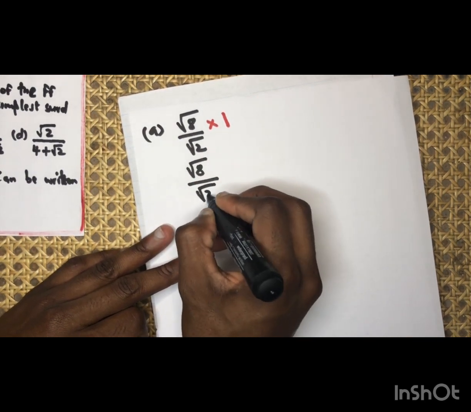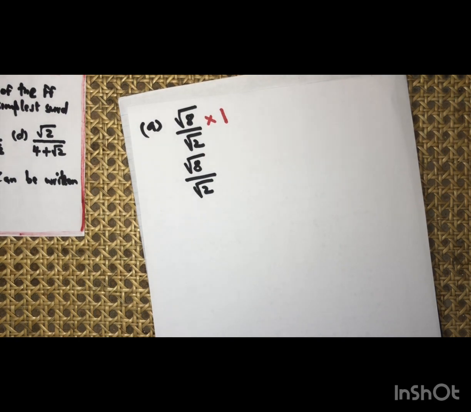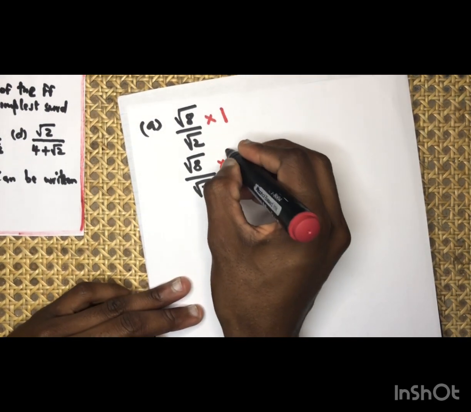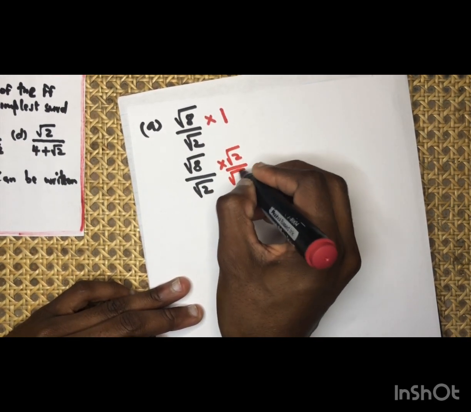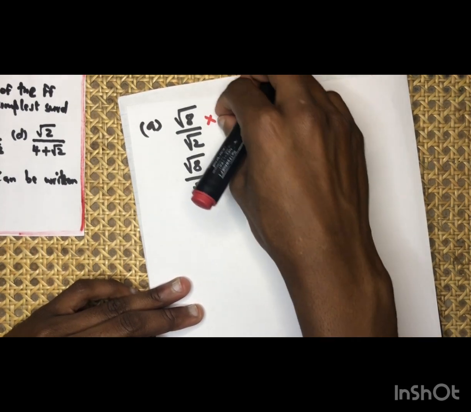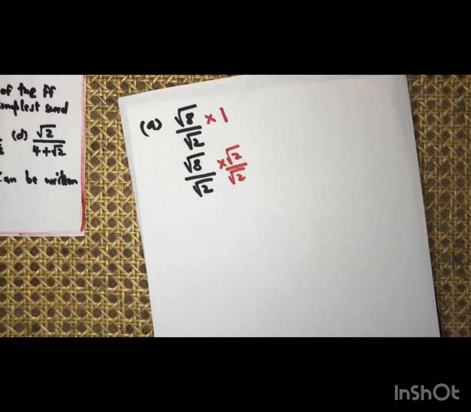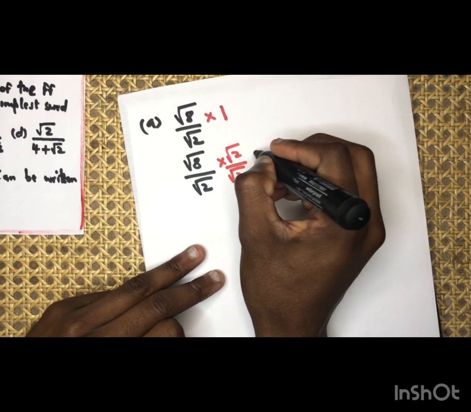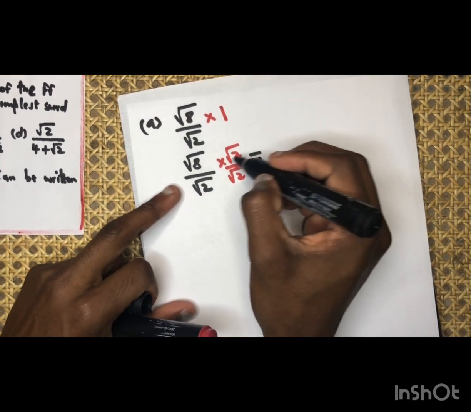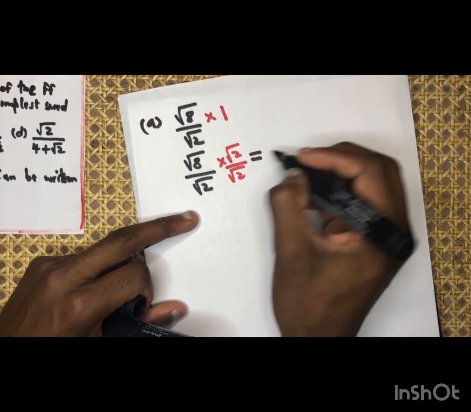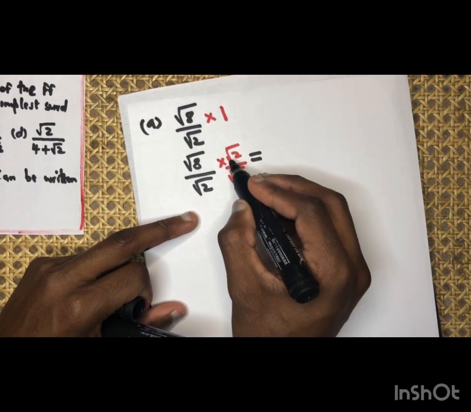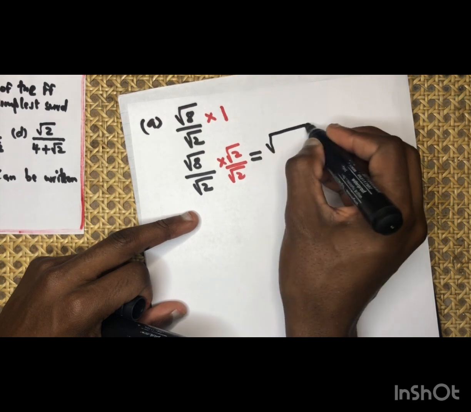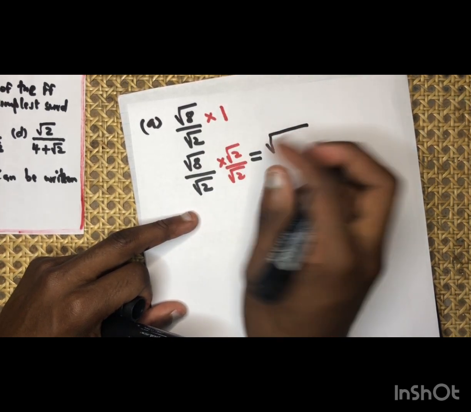root 2 over root 2. We know that root 2 divided by root 2 is the same as 1, so it does not change the value, but we need to apply maths here. We did the laws of surds. So root 8 times root 2, I'm going to take one root and multiply what I have inside.